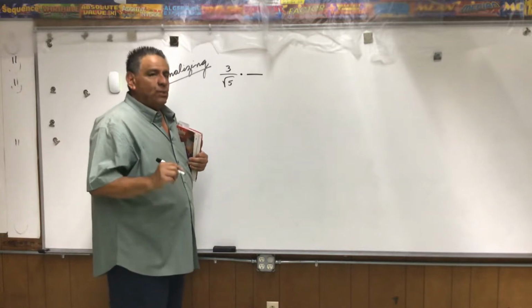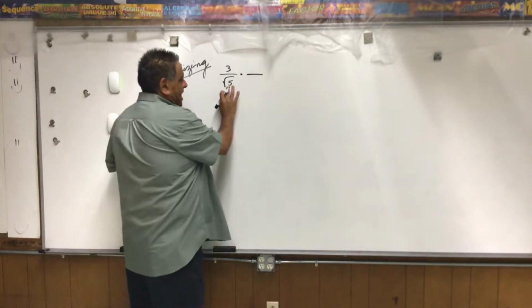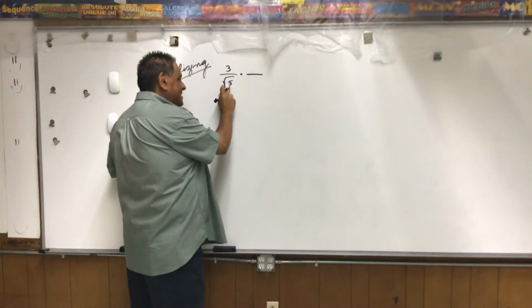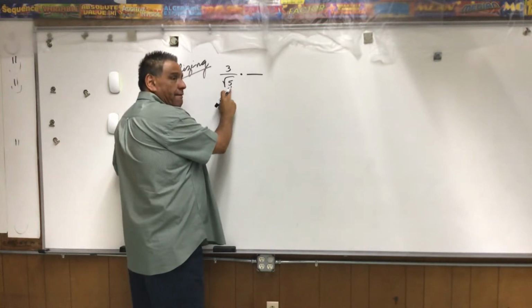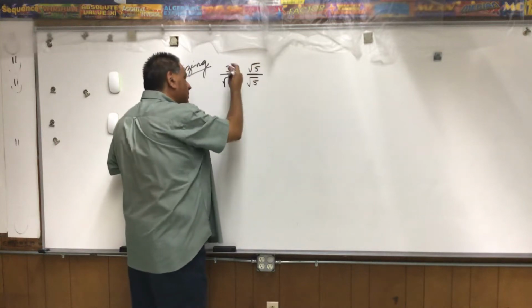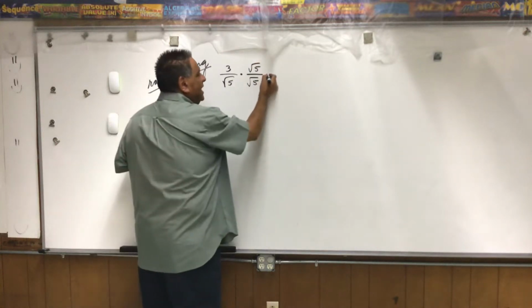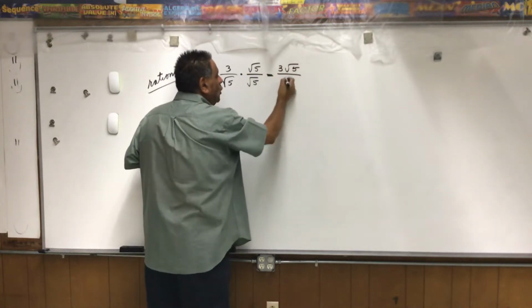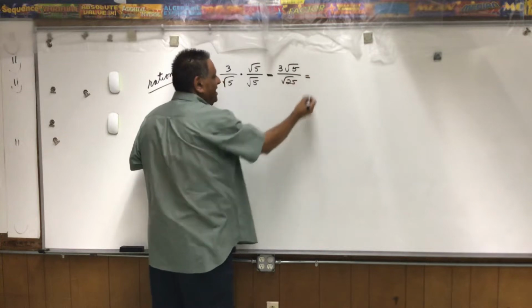Well, in order to get a whole number here, I would have to multiply this by some term that would make it a perfect square. So if I multiply it by itself, radical 5, and I multiply the numerator by radical 5, this is what I get. I get 3 times radical 5 over radical 25.